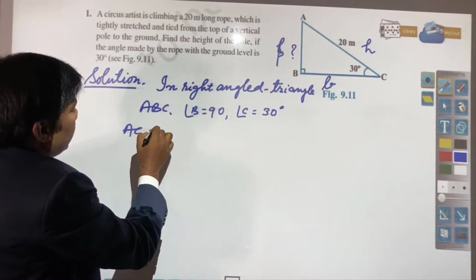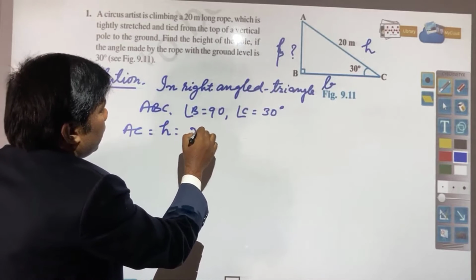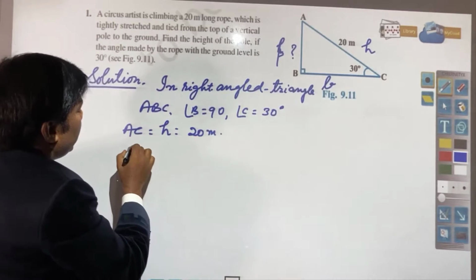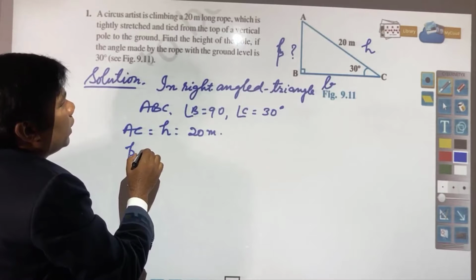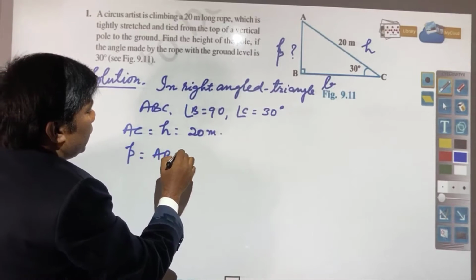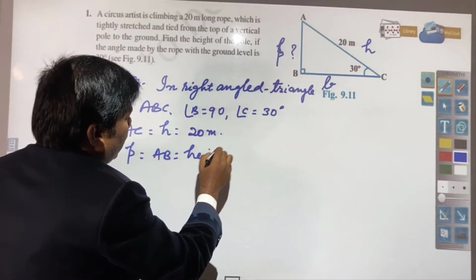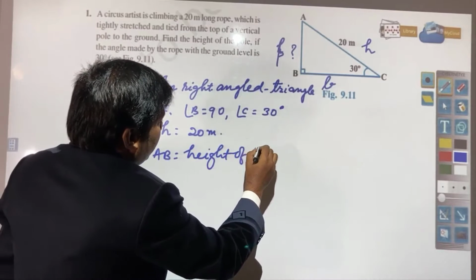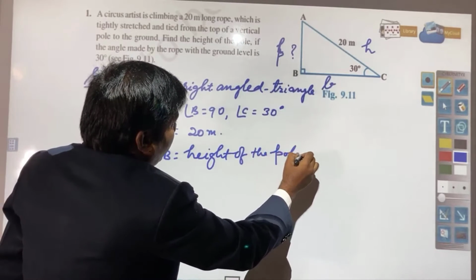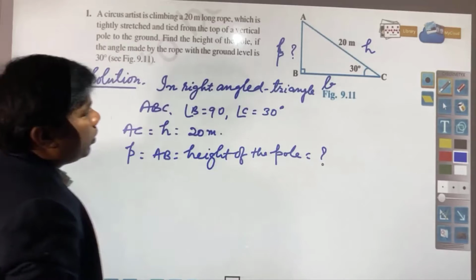AC is equal to H, which has been given as 20 meter, and you need to find P, that is AB, the height of the pole.